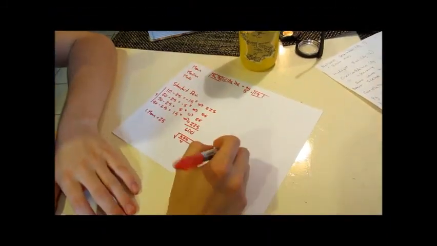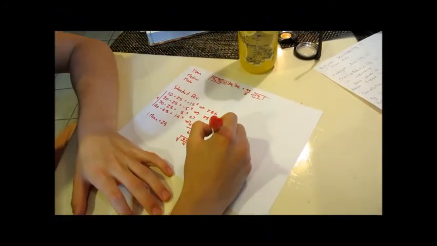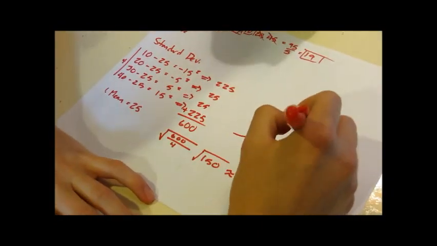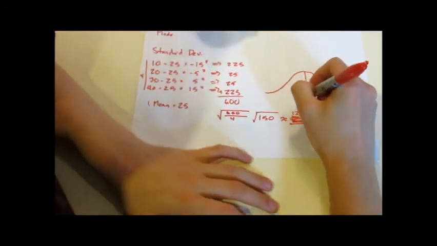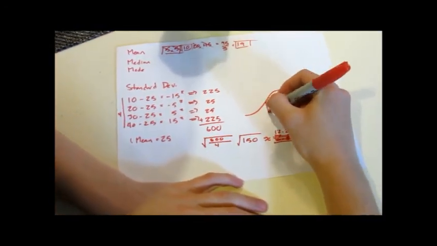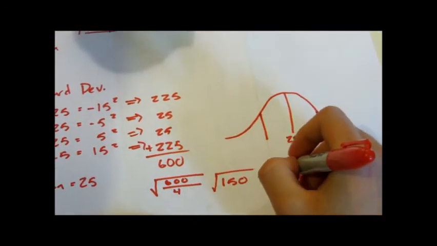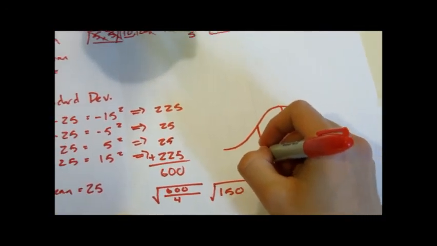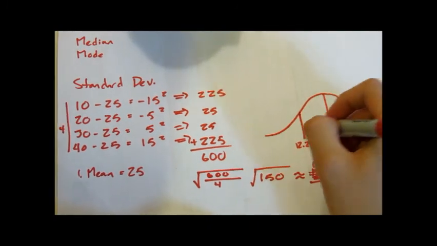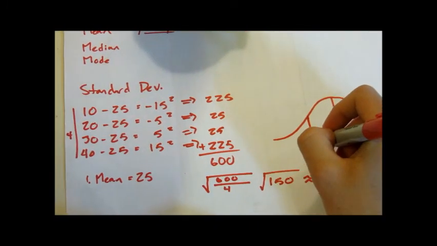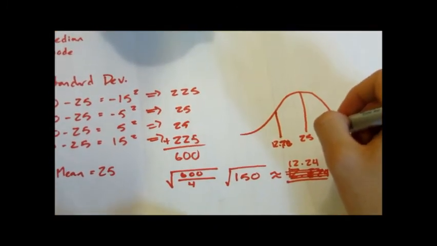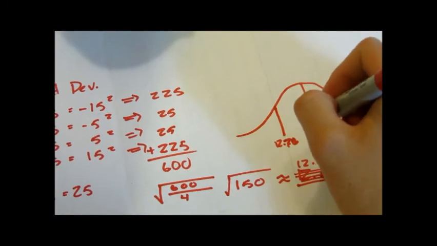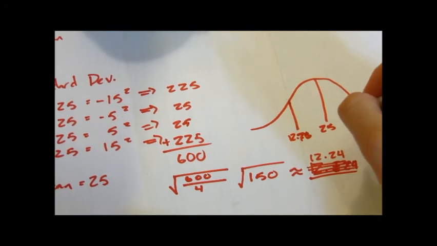Now that we have our standard deviation, we can make a bell curve, or a normal curve. In the middle of the normal curve, we have our mean, which is 25. The standard deviation we calculated earlier is going to go here, 12.1. They're going to act as boundaries to our normal data distribution.